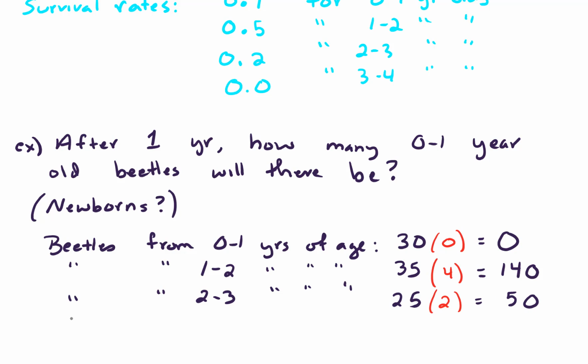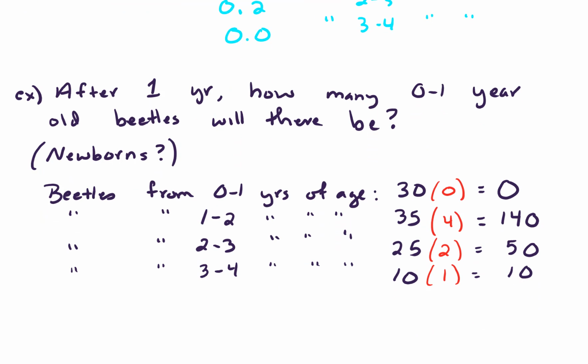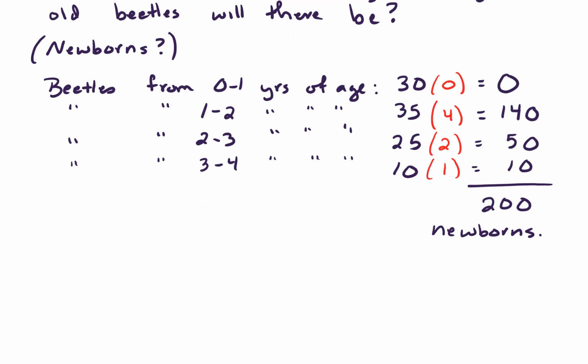And lastly, beetles between ages 3 and 4 tend to produce only 1 beetle, so we had 10 times 1, which is 10. So we add up the number of newborns, and we get 200 newborn beetles in 1 year.